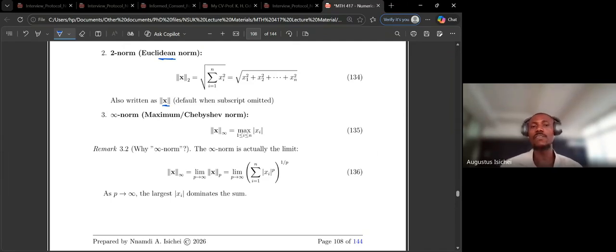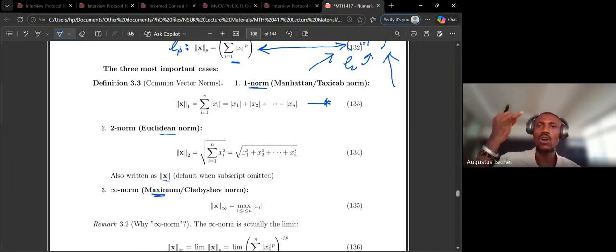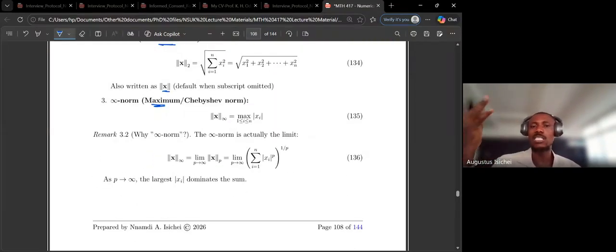Then we have the infinity norm, which is referred to as the maximum or the Chebyshev's norm. So I have given 3 types of norm: the common vector norm, the Euclidean norm, and the maximum or the Chebyshev's norm. How is that computed? That is computed as the maximum of the absolute value of xi, where i ranges from 1 to n.